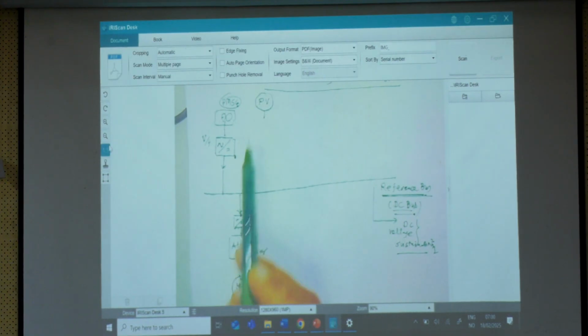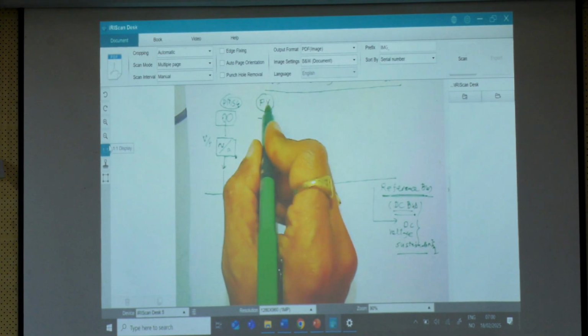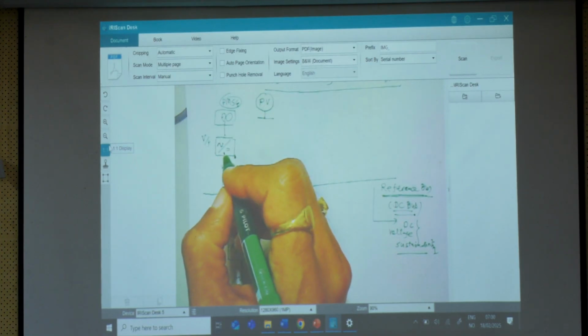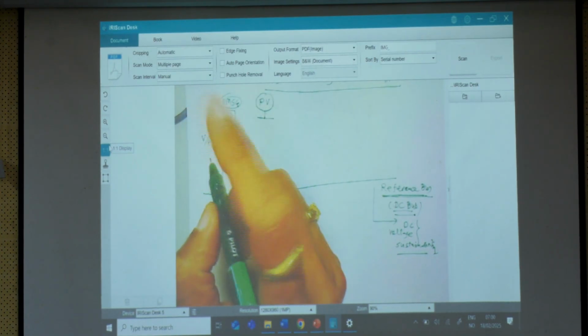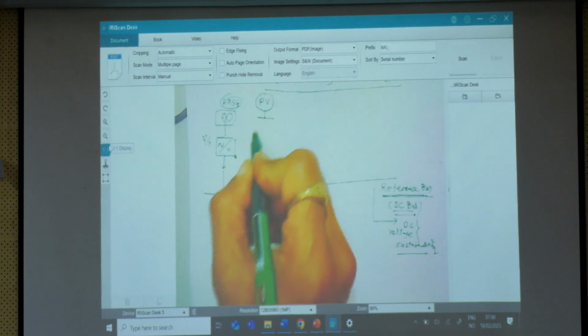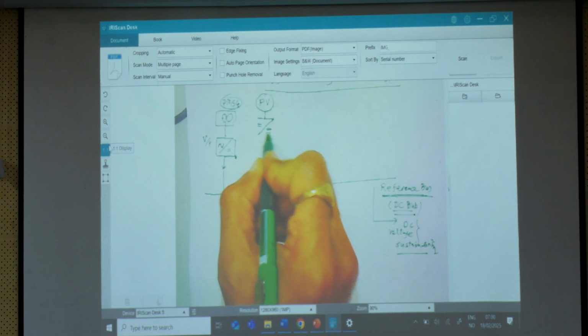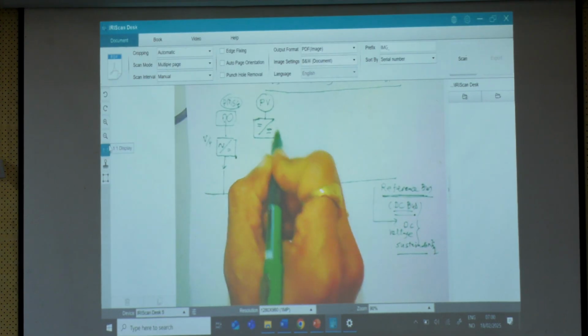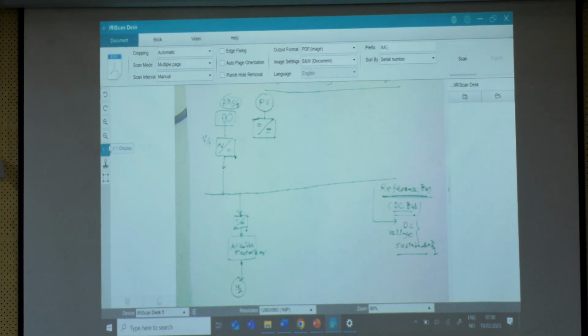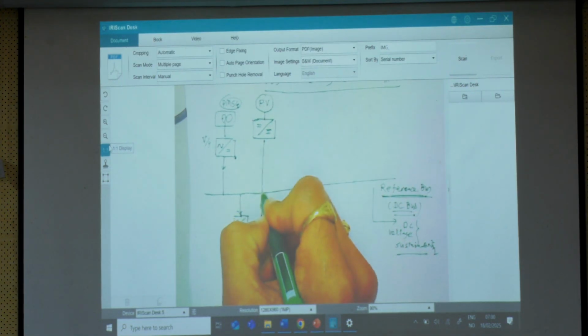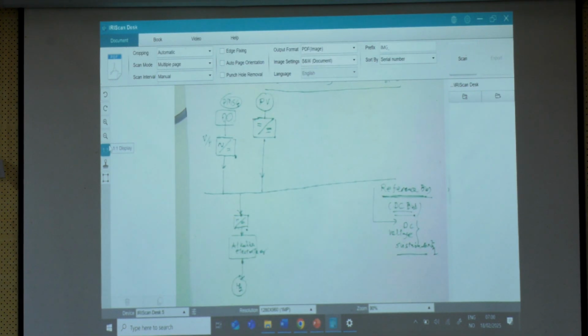It means that to operate this photovoltaic array at the maximum power point and to have the appropriate DC voltage here, we will need some DC-DC converter, and then that DC-DC converter is going to be connected to the DC bus.